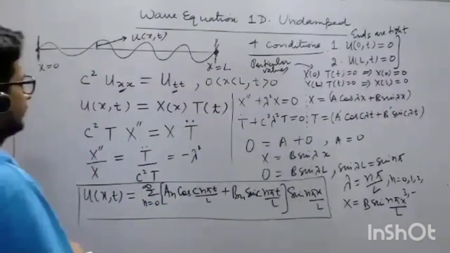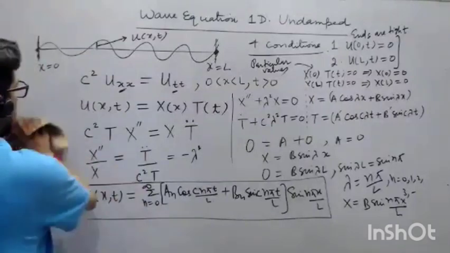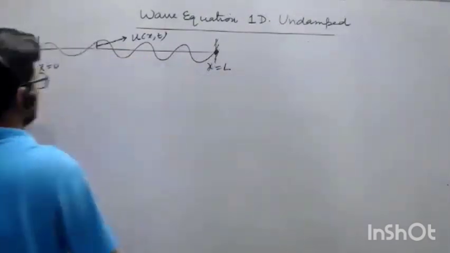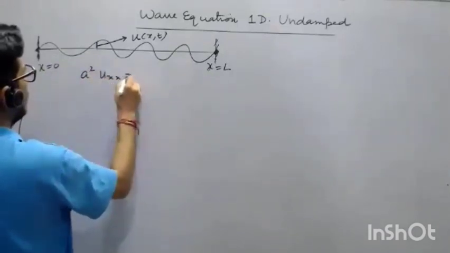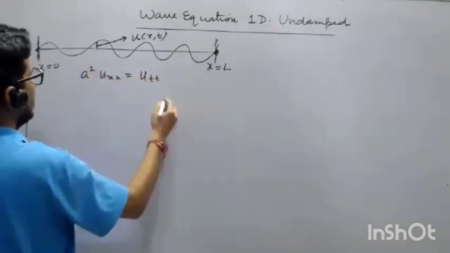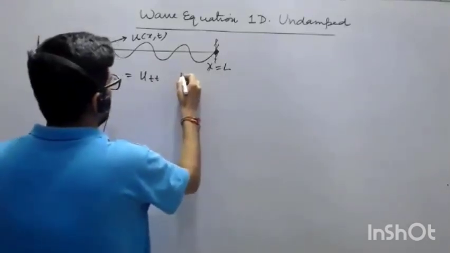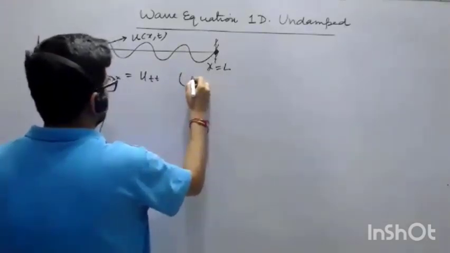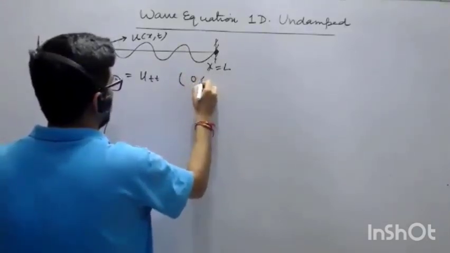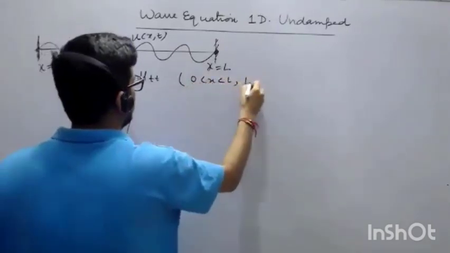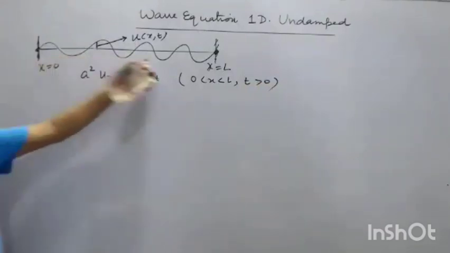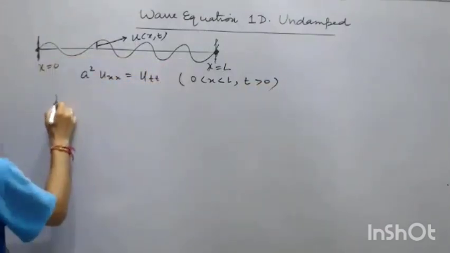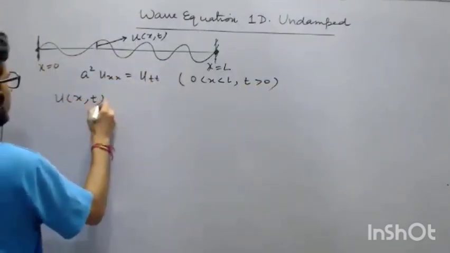I'm erasing this. So suppose the equation was a square uxx is equal to utt, correct? Where the value of x was between 0 to l and the value of t was greater than 0. This was the equation. So what is the value of u? You should be able to write it immediately.